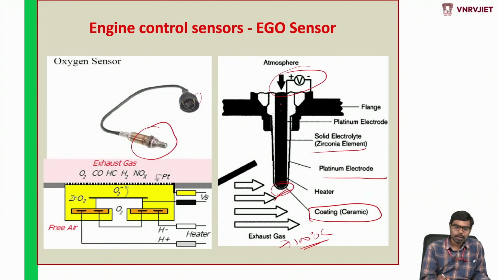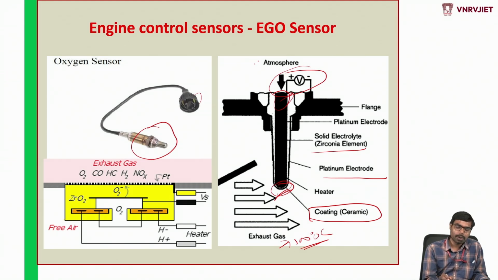You can see the ZrO2 has two electrodes, a platinum electrode exposed to the atmospheric side, and similarly this platinum electrode exposed to the exhaust side. Inside the platinum electrode we have a zirconium solid electrolyte, the zirconia element ZrO2, which can attract the oxygen molecules. If more oxygen is present, it becomes more negative.